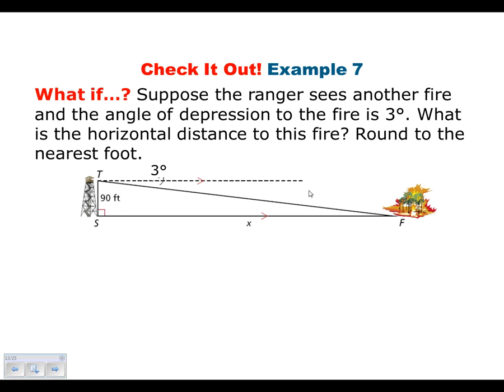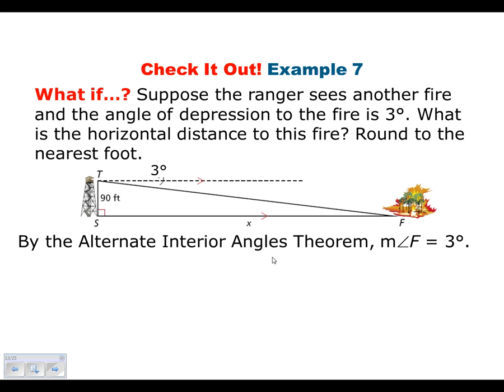Another one. A ranger sees another fire and the angle of depression to the fire is 3 degrees. What is the horizontal distance to the fire, rounded to the nearest foot? The measure of angle F equals 3 degrees.